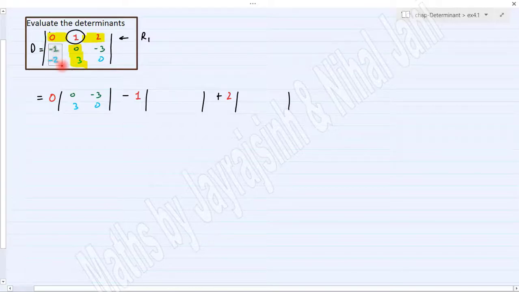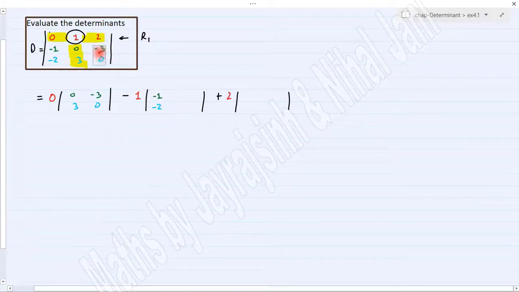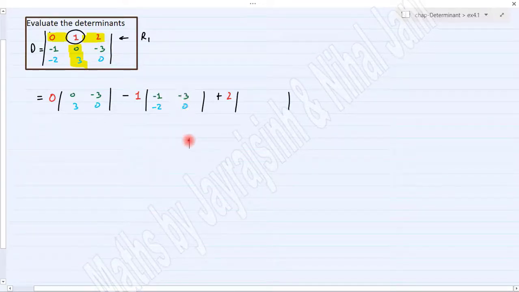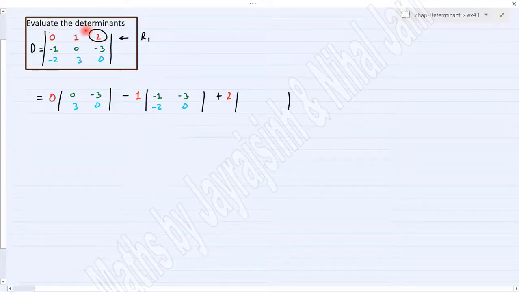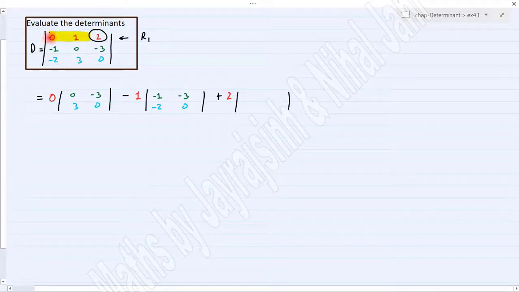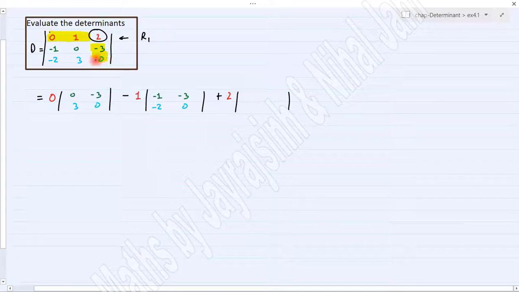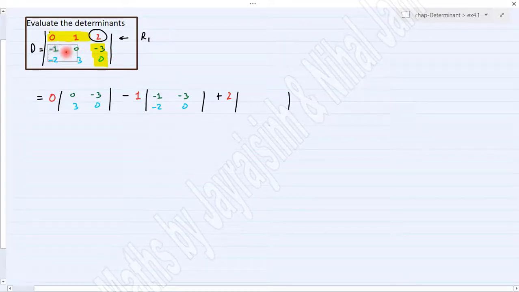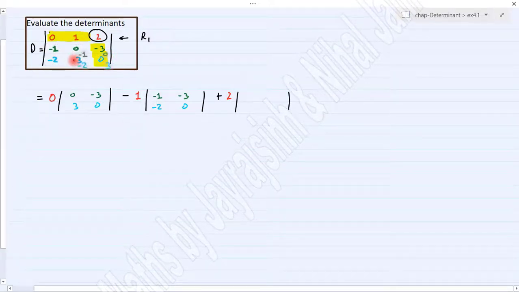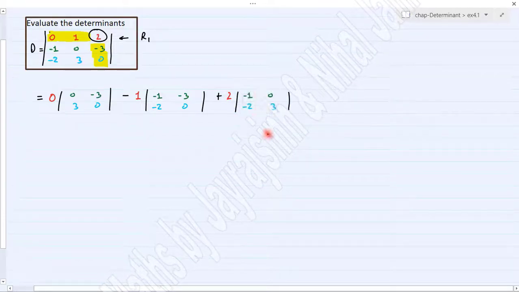So the first column will be minus 1, minus 2 and the second column will be minus 3, 0, and the last one will be obtained by ignoring first row and last column. So we will get minus 1, 0, minus 2, 3.